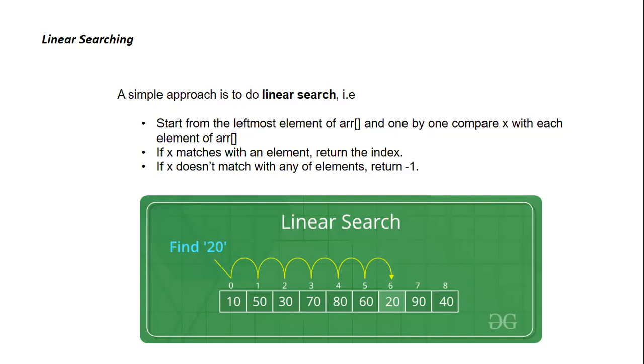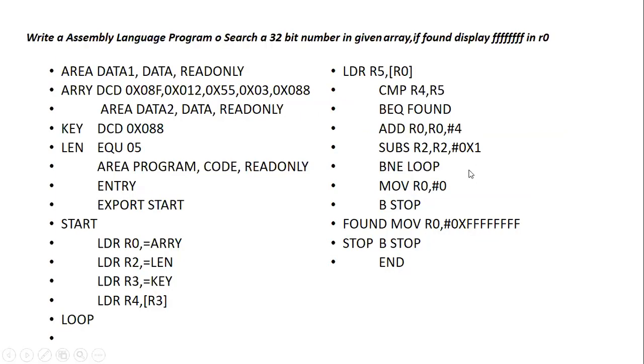At any location, if the number which has to be searched matches the element that is present in the array, then stop the comparison. If it does not match, the control has to transfer from one memory location to the other memory location. It is a simple approach. Let us see how we are going to implement it with the help of assembly language.